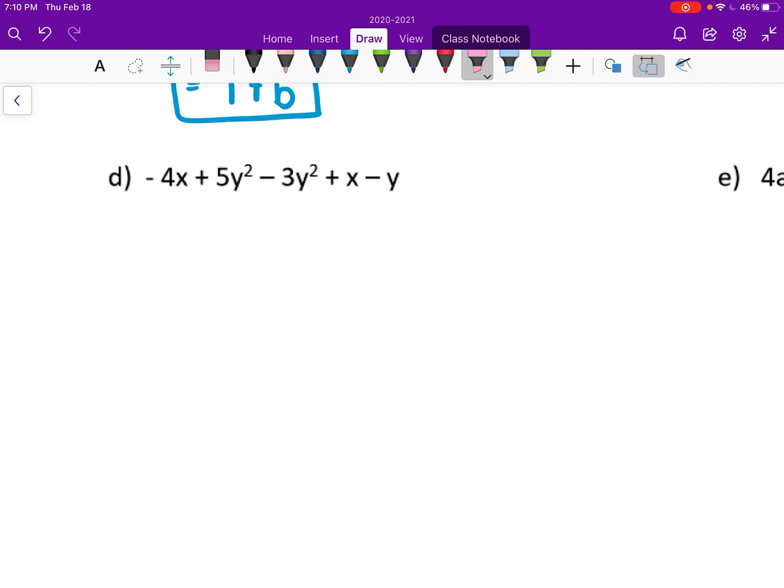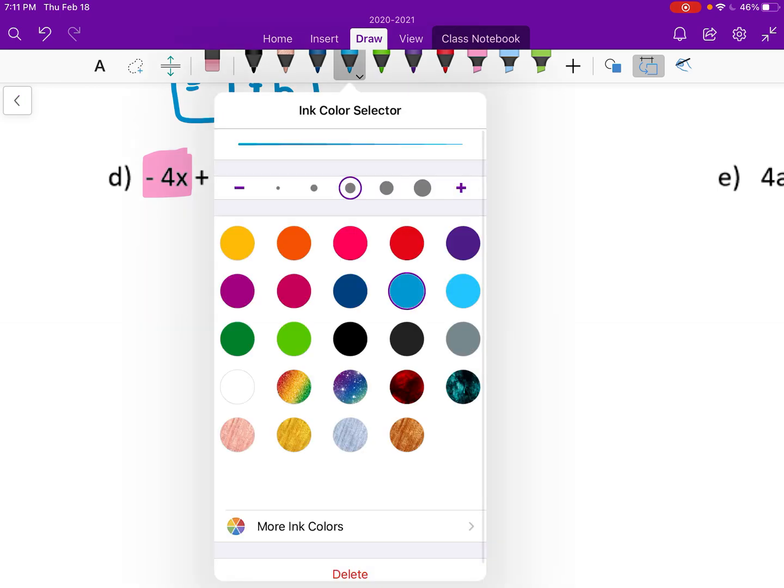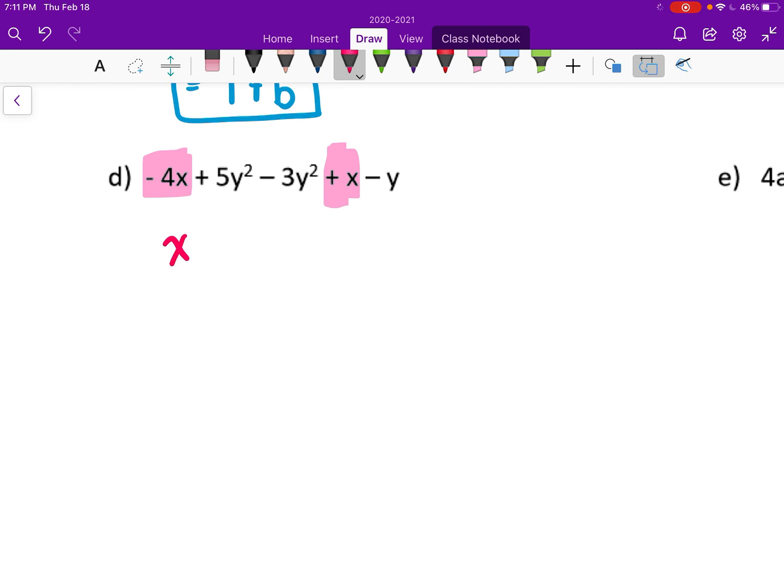With my pink, I'm just going to highlight all the ones that have just x as a variable. So this is y squared, and then I have another x over here. So I'm going to put my first one as something x. I know that my first answer is going to be something x. Then I'm going to look, okay, I have a y squared. Let's go find all my y squareds.